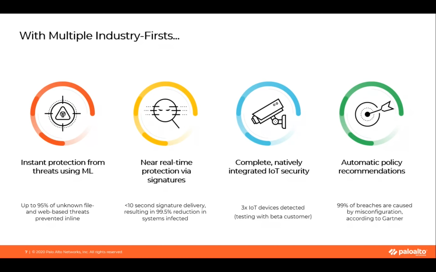We used to talk about 5 minutes. So we're talking about almost 100%, if not a 99.5% reduction in the systems that are going to be affected: the patient zero, the ones who have to be attacked for this attack to be known and signatures delivered. They normally call this zero delay, which is near real-time protection via signatures.